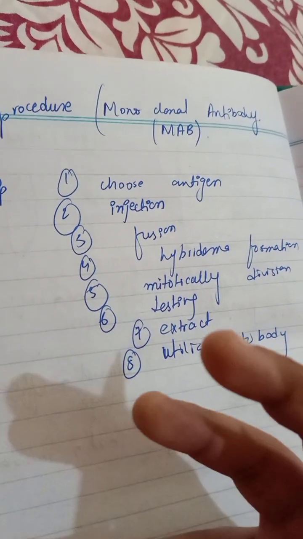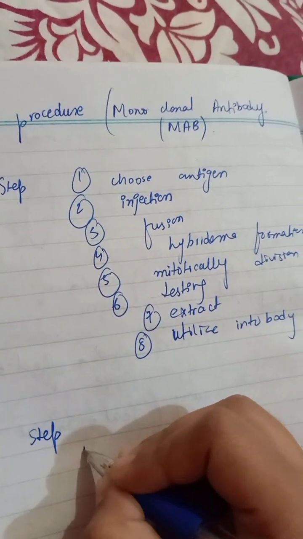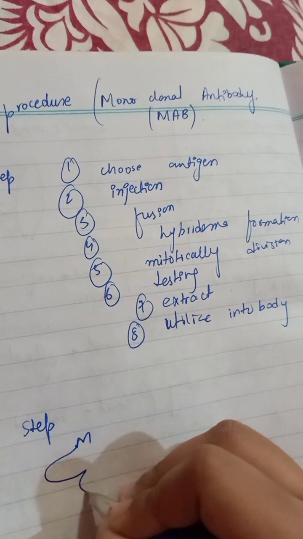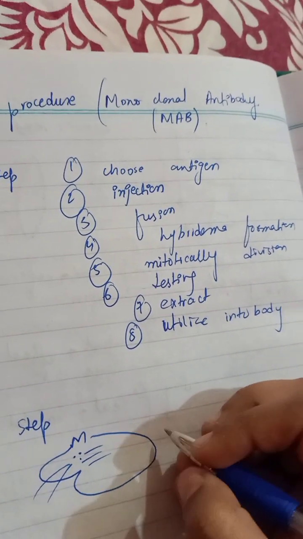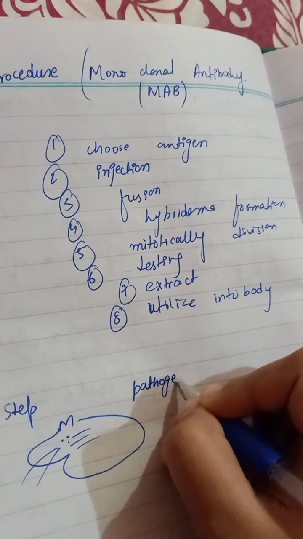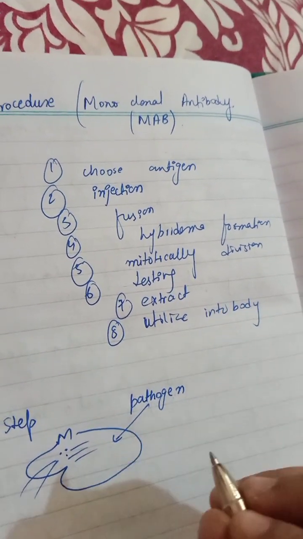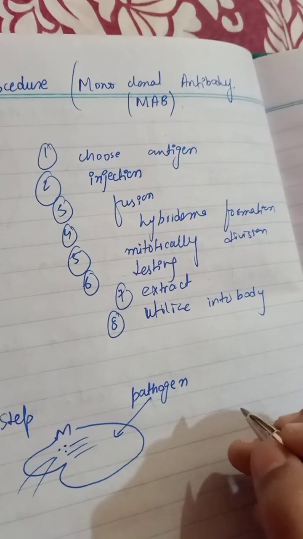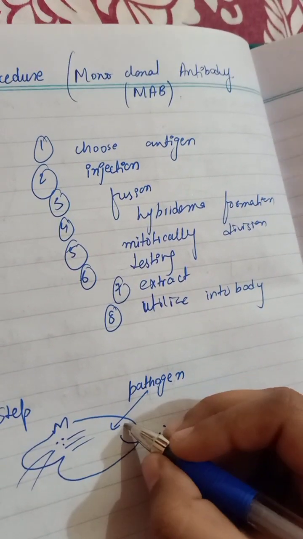So if we talk about the first step, we have to choose an antigen. For example, we choose a mouse or rat. For example, we inject the pathogen into its body. What will occur after injecting the pathogen?